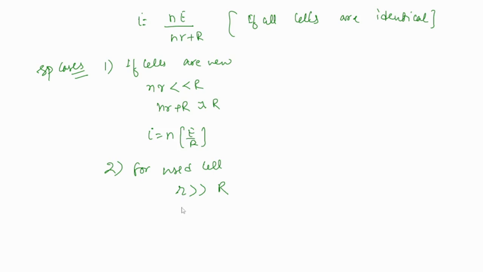So nr plus capital R is approximately n into r, and I will be E upon r, which is the current given by one cell. Thus, when internal resistances are large, there is no advantage of connecting such cells in series, because the current we are getting is just E by r.